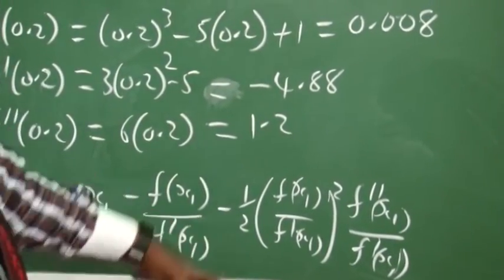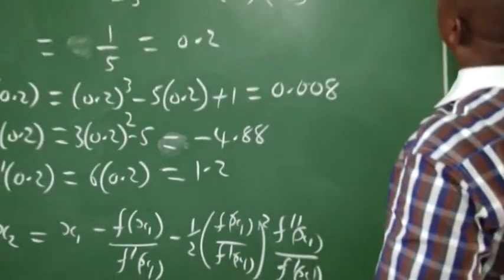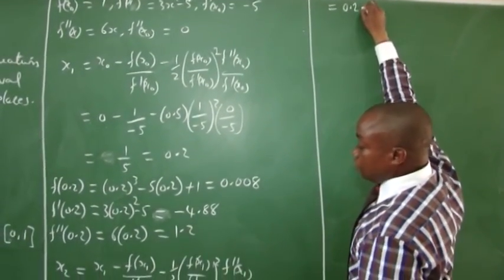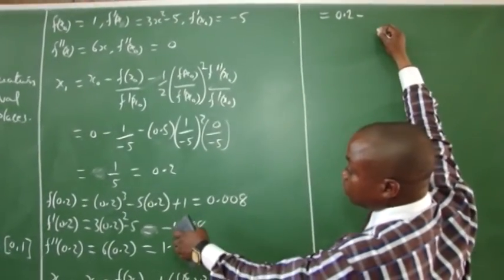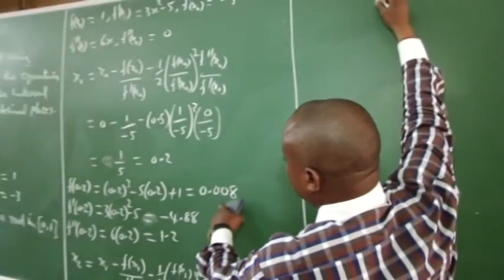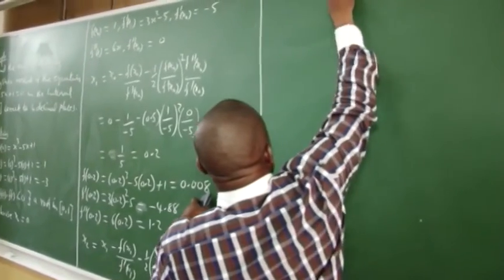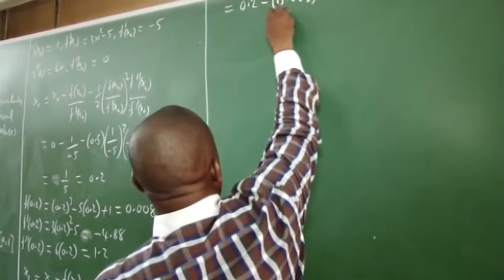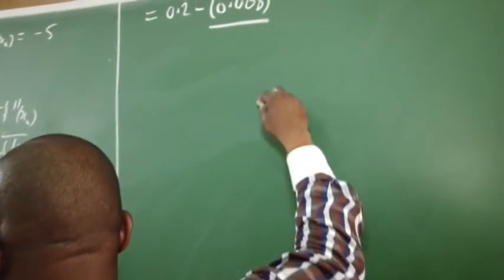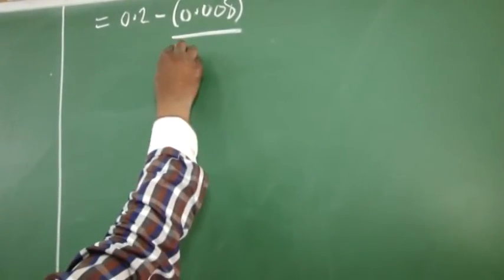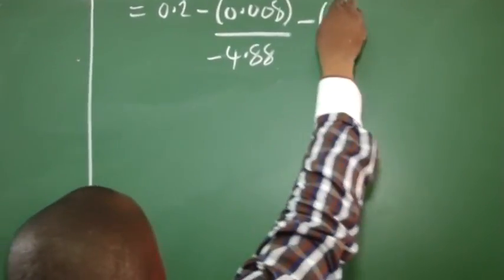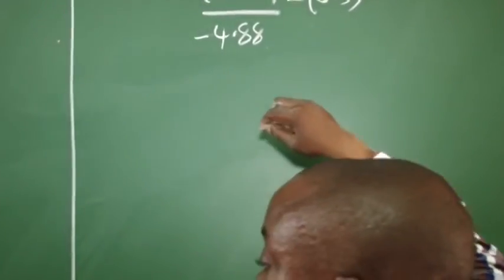So after having that, x1 is 0.2 minus f of x1, which is this 0.008, over f prime of x1, which is minus 4.88, minus 0.5, that is 1 over 2.